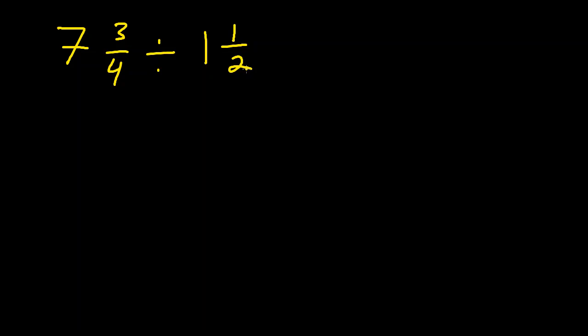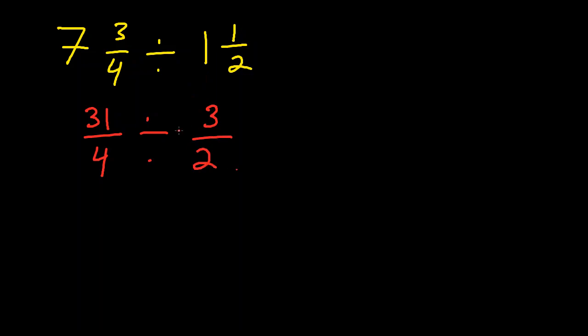Okay, so that's the first step. So let's convert these into an improper fraction. So 7 times 4 is 28, plus 3 is 31. So we have 31 over 4 divided by 1 times 2 is 2, plus 1 is 3. So we have 3 over 2.